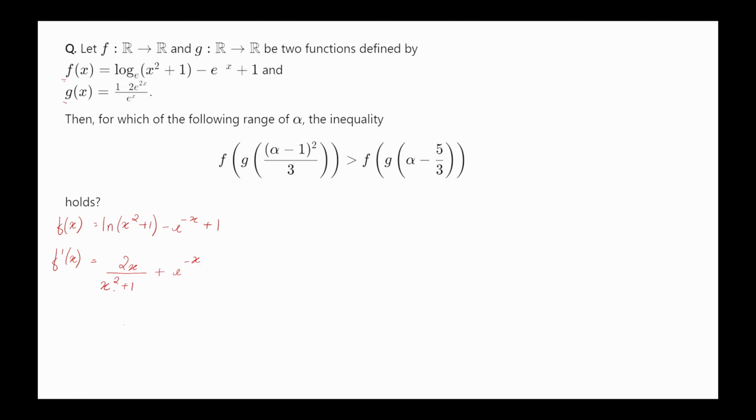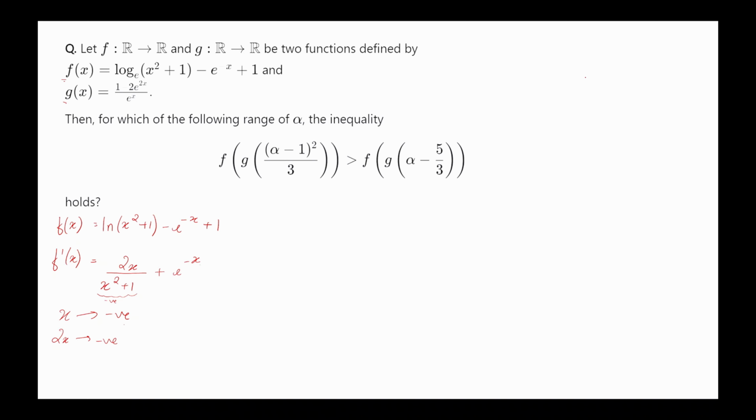If my x is negative, that means my 2x would be negative. My x square plus 1 would be positive. That means this term entirely would become a negative term. And if I have e to the power minus x, be it any value of x, e to the power minus x is always going to stay positive.